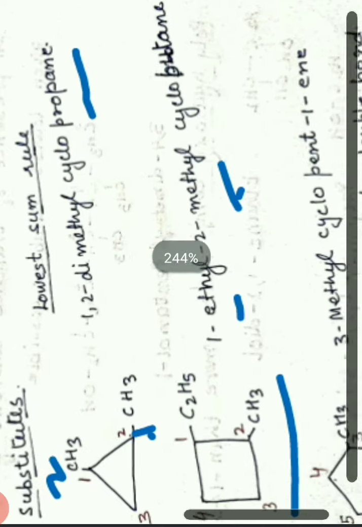Since E comes beforehand, ethyl should be given number 1 and methyl number 2. That is the same rule which is followed in aliphatic compounds also. If there are two substituents at the same distance from both ends, then the one which comes earlier in alphabetical order is given the lesser number. So that rule we can follow.